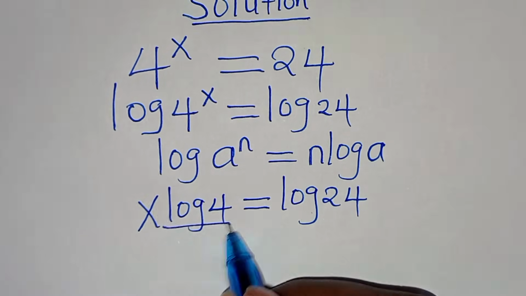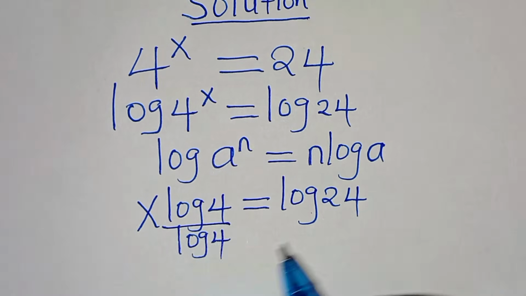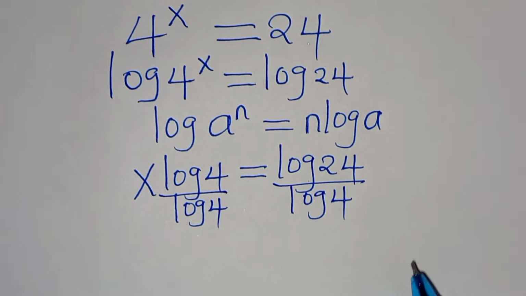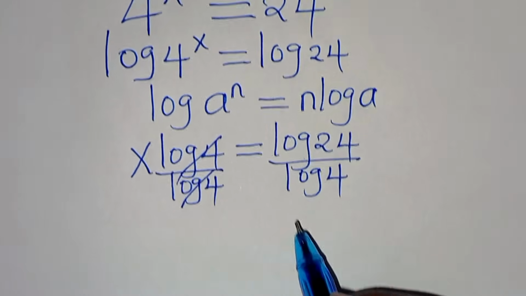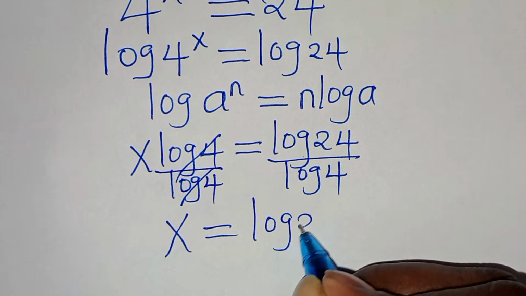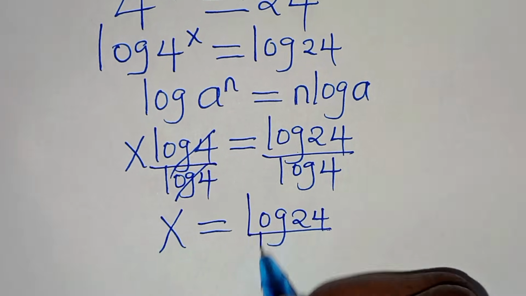So let's divide both sides by log 4. By simplifying log 4 and log 4 here, we have that x is equal to log 24 divided by log 4.